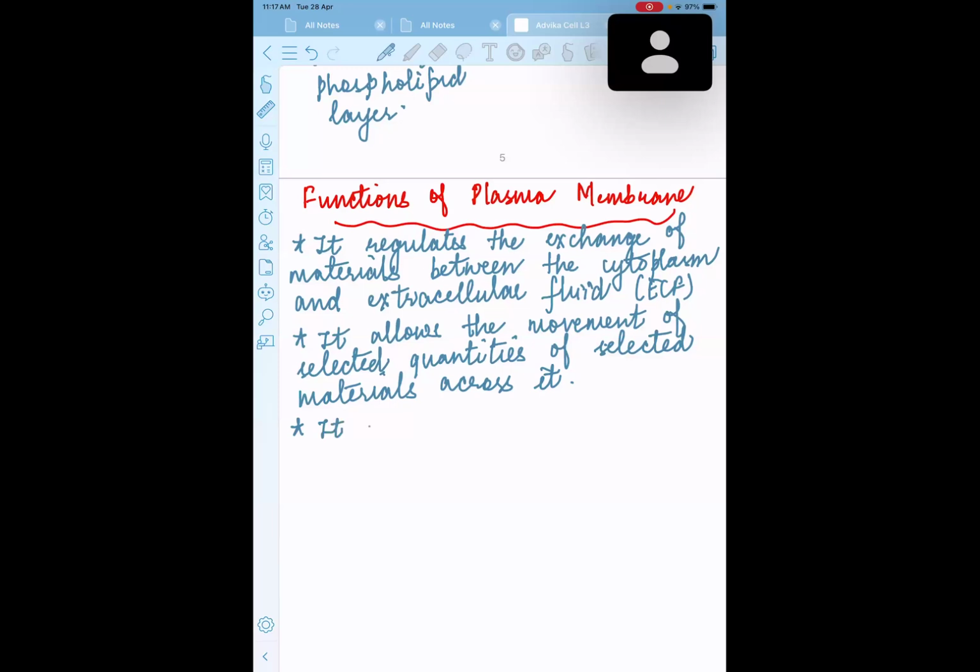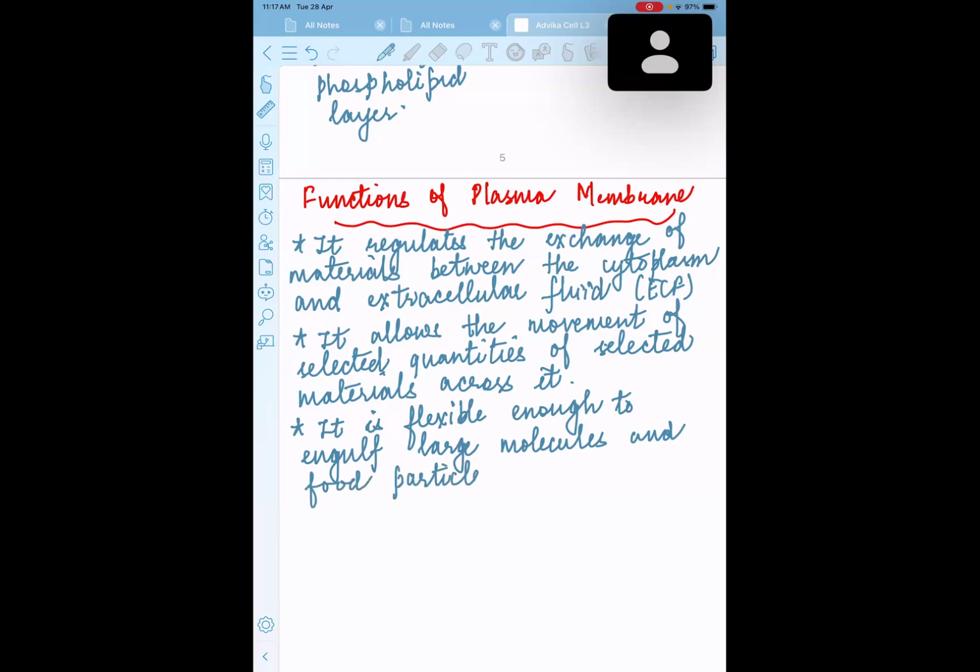Then it is flexible in nature, and flexible enough to engulf. So basically, they can engulf large molecules, meaning here the protein molecules. Whatever large protein molecules come, they will engulf them, and once they engulf them, they can use them for further processing. And lastly, they also protect the cell from injury.